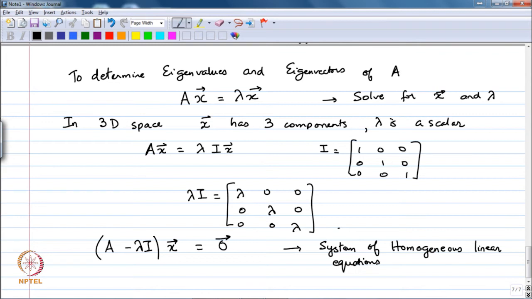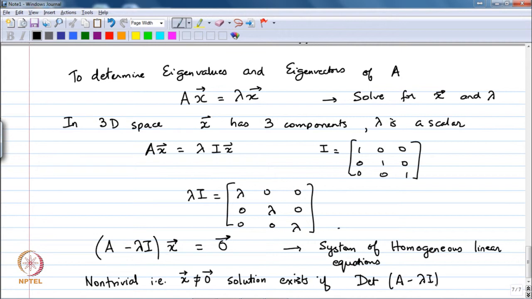We already mentioned that the non-trivial solution, that is x not equal to 0, exists if the determinant of A minus lambda I equal to 0.